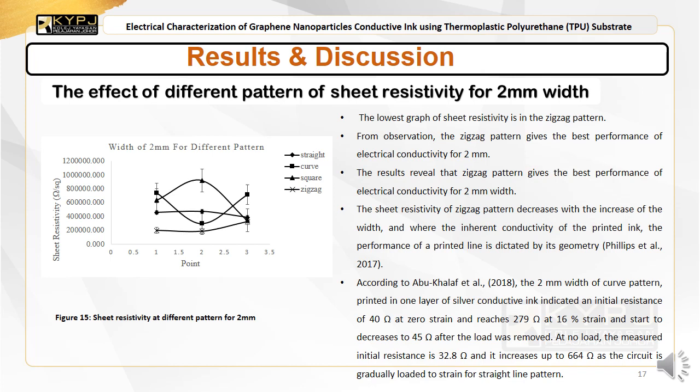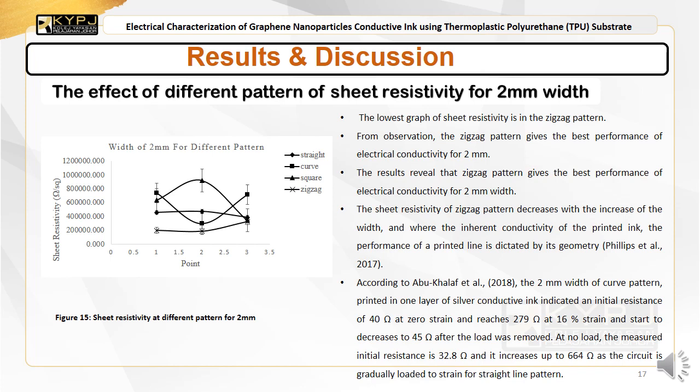The sheet resistivity of the zigzag pattern decreases with the increase of width, and the inherent conductivity of the printed ink. The performance of a printed line is dictated by its geometry.